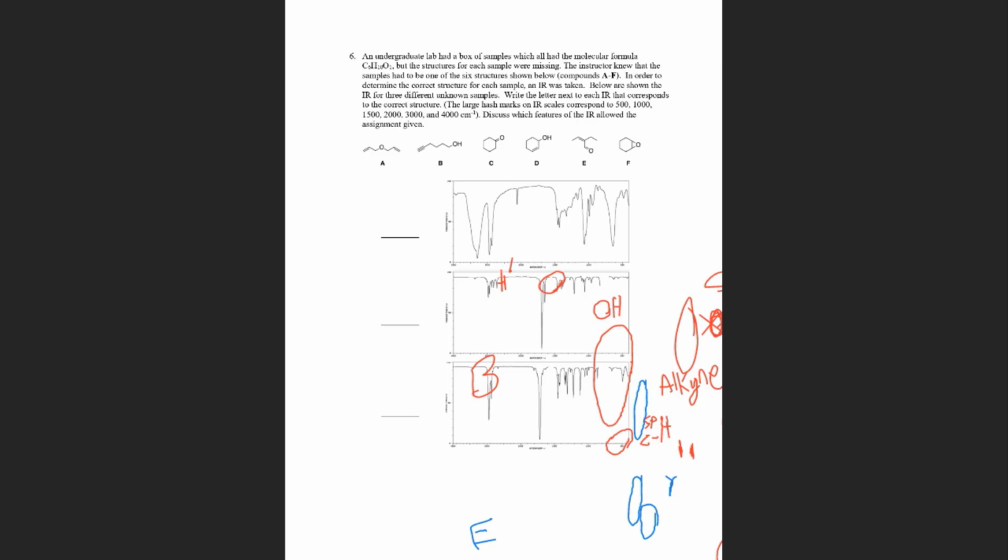So I would just do what we did, where you pick a feature, whether it be an alcohol or a carbonyl, and then you look at the potential structures and try and narrow your choices down. That way you can know what you're looking for on the spectrum. Because we told ourselves by looking at B and D that we just had to look for an alkyne or an alkene. And so that will make your exam easier.